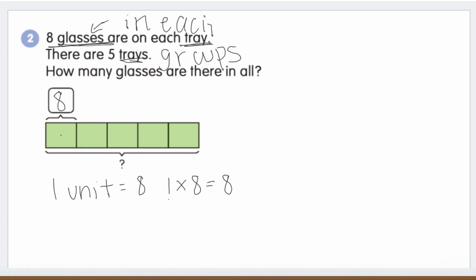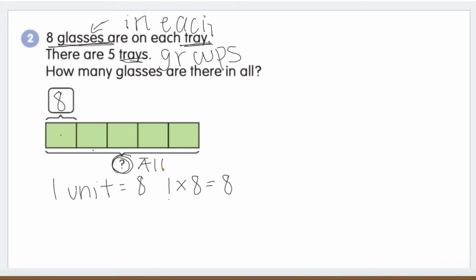Now let me see what information is missing. I'm seeing this question mark here, and our bracket is kind of hugging all of these units together. Usually when we see that, the question that they're going to ask maybe is how many in all.